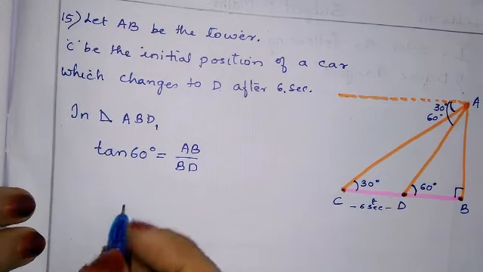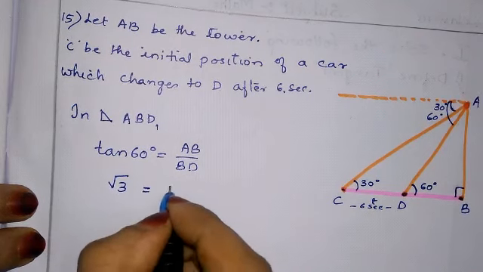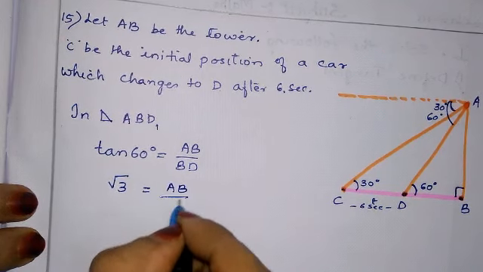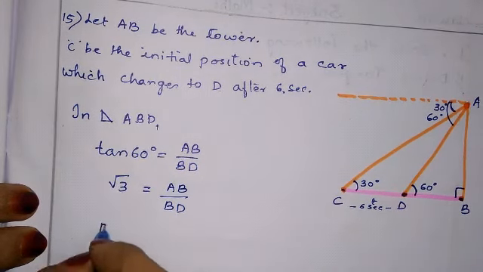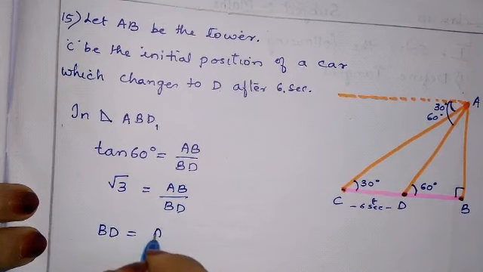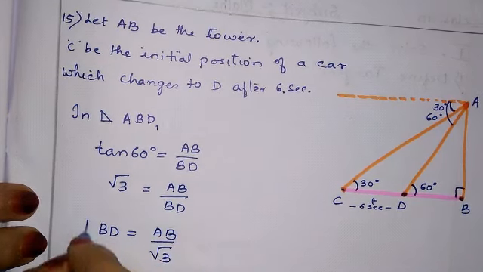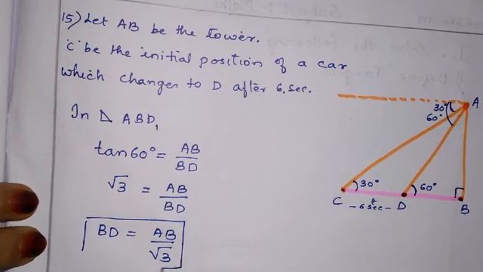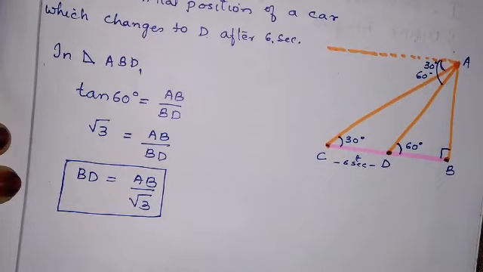Tan 60 is nothing but root 3, which is equal to AB by BD. Now BD only we need, no? So BD is equal to AB by root 3. This is the BD value we got. Because AB also we don't know, I didn't substitute anything here.